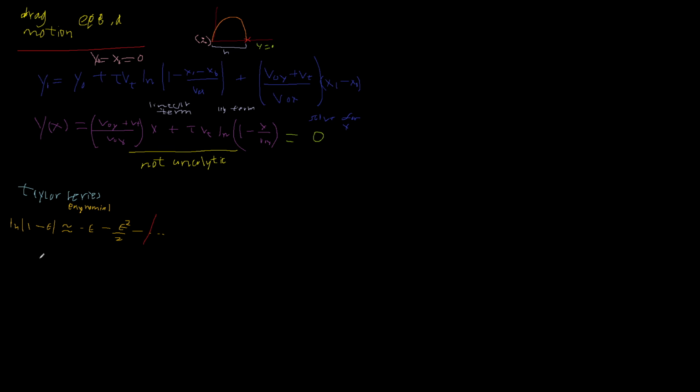So let's substitute that in. y of x equals v_oy plus v_t over v_ox times x, minus tau v_t x over v_ox, minus tau v_t x squared over 2 v_ox squared.